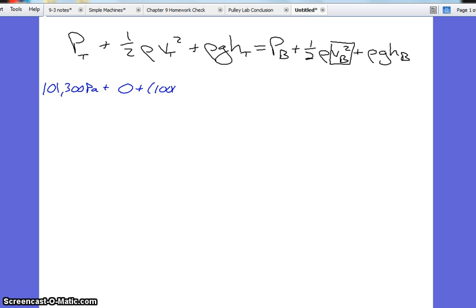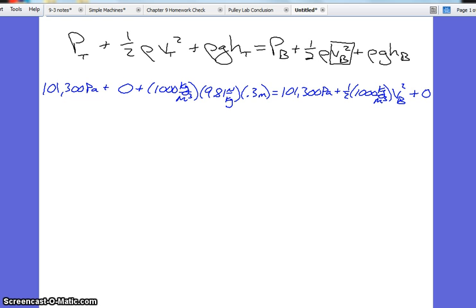Plus the density times 9.81 newtons per kilogram, times the height of the top, 0.3 meters, is equal to the pressure at the bottom, 101,300 pascals, plus 1/2 our density times our speed at the bottom squared, plus, and again, here we have the height at the bottom is 0, so those three multiplied together equals 0.